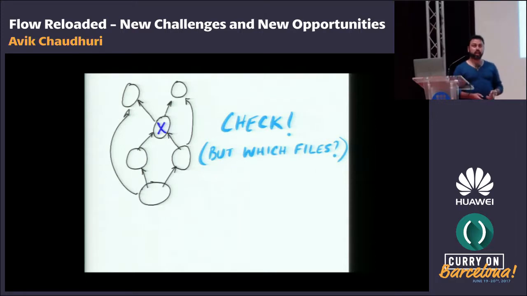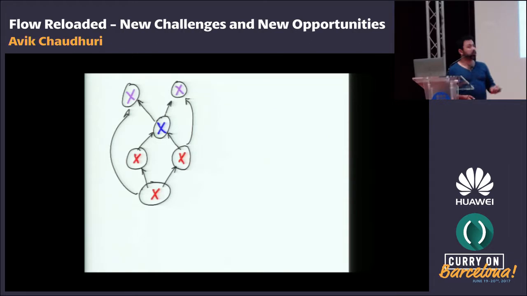There's not a recheck, there's a check for the first time. So not only do we have to check its dependents, but also its dependencies. The purple ones are the things that are required for this file to be checked even for the first time.